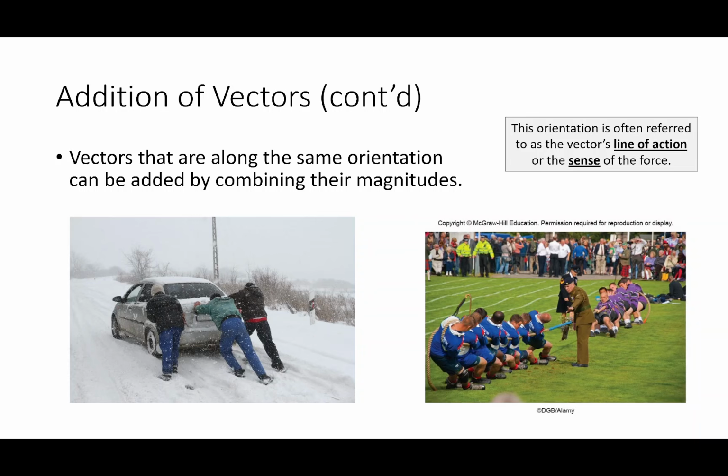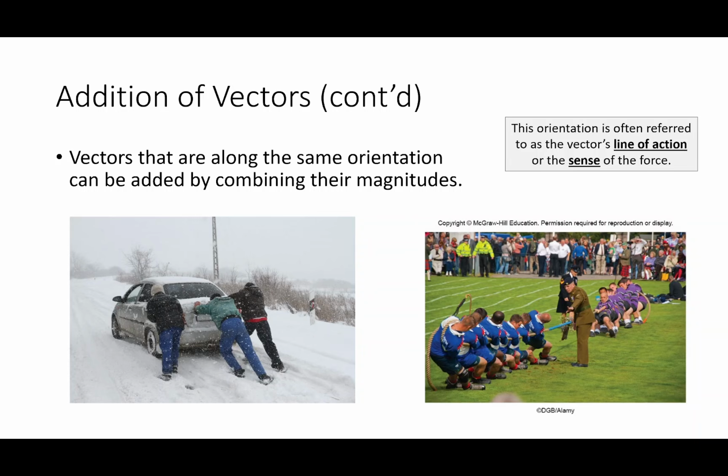Let's say everybody on the blue team is applying a force to the rope along the same direction, just with different magnitudes. Let's come up with some numbers. This guy's applying 60 pounds, this one's applying 80, this one 70, this one 100, this one 30, whatever.